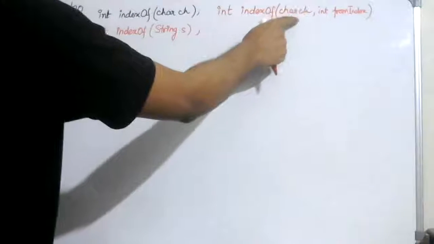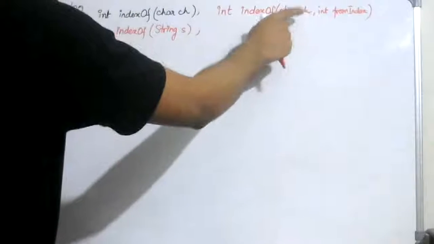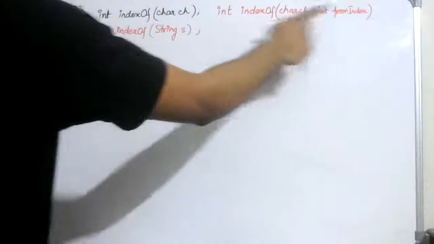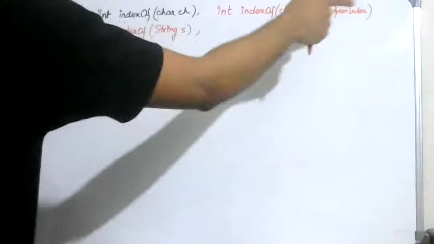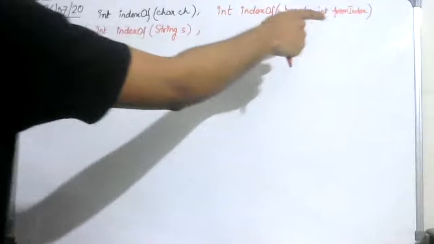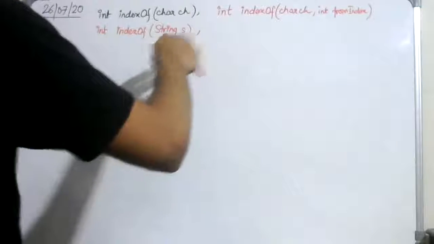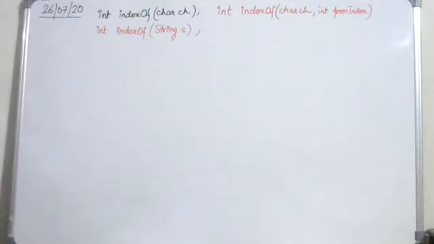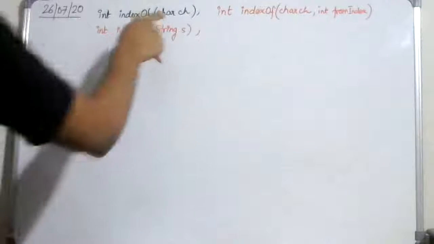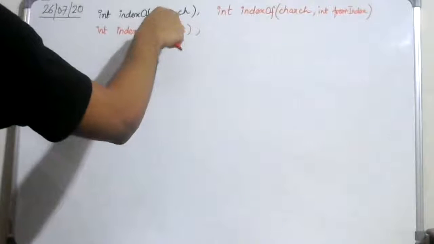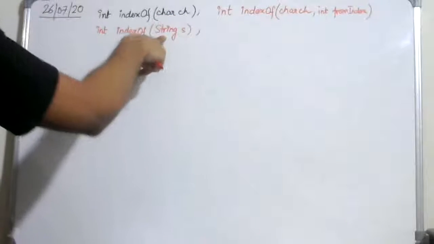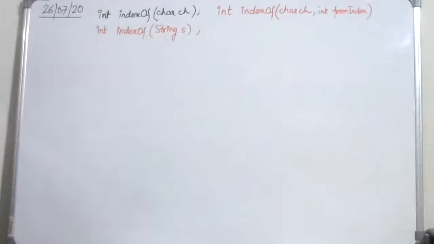Or you could give it two arguments. One is the character that you are looking for, and the other is the starting position from where you want to start searching. Let's say you want to not start from the 0th index, but from a different index value. Normally, if you just give it a character or a string argument, it starts searching from the 0th index.